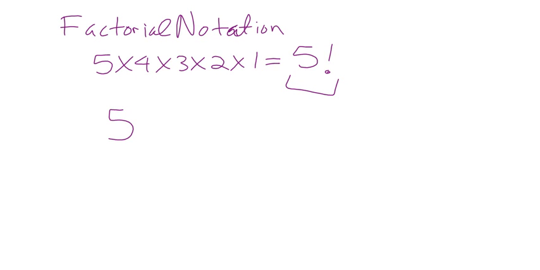Then hit enter, and what do you get? You get 120. So that's the quick way to do this. Because if you were doing this for 50, you would not want to go 50 times 49 times 48, because you're probably going to make a mistake somewhere along the line.